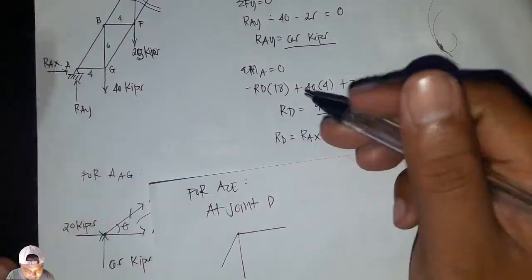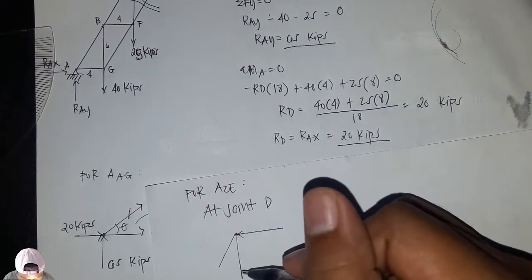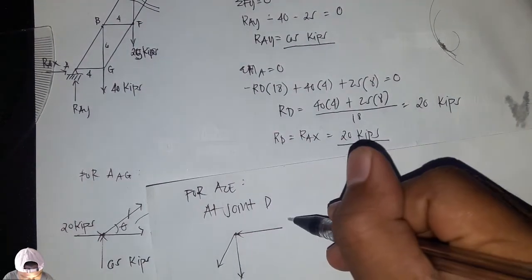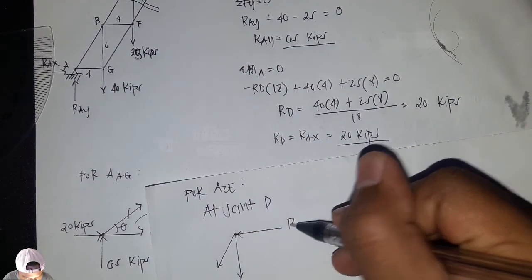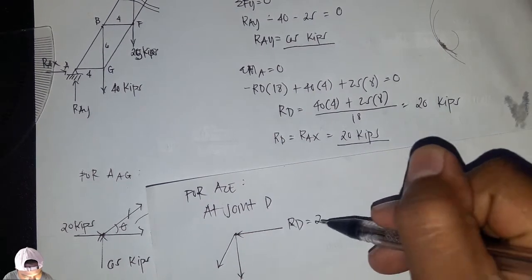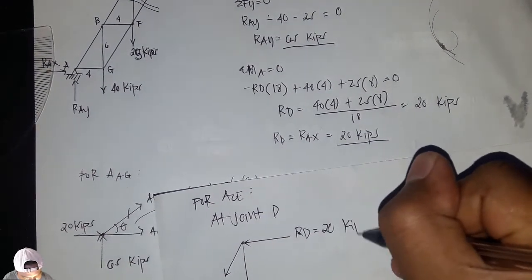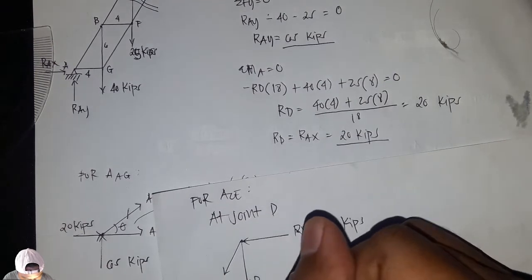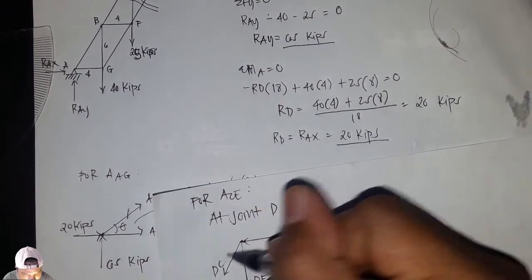So we have RD, which equals 20 kips. These are DE and DC.